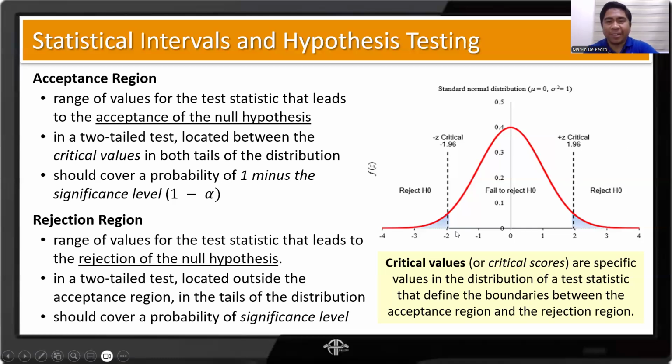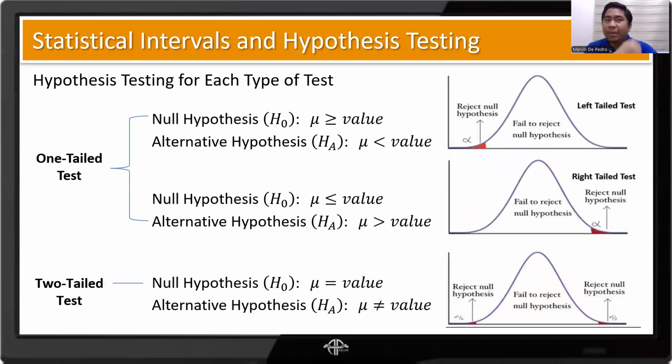Okay? Critical values. Talking about one-tailed and two-tailed, as I mentioned already, if our hypothesis has something like less than or greater than, then it's a one-tailed test, either left-tailed or right-tailed.